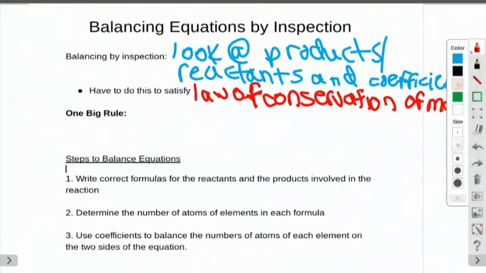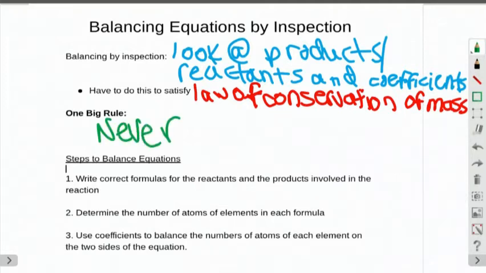And one big rule for balancing equations is you can never change the subscripts.